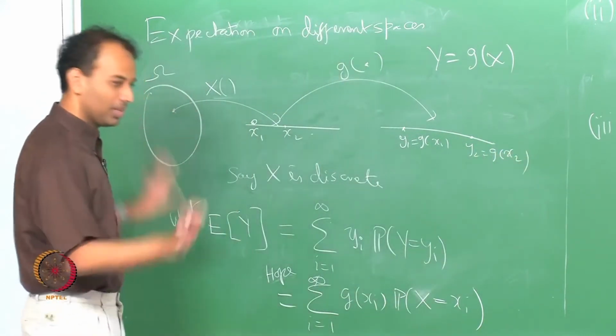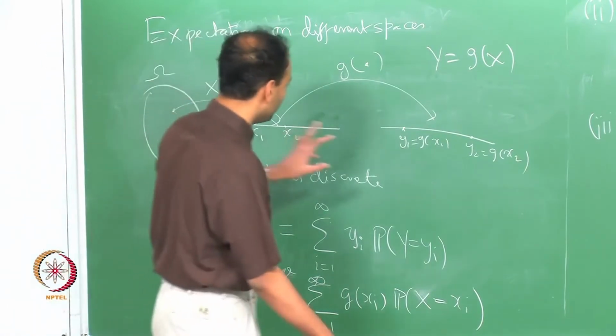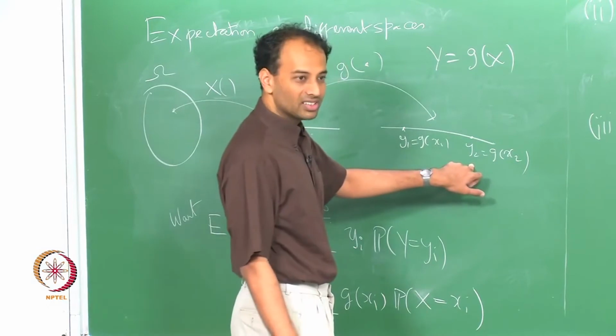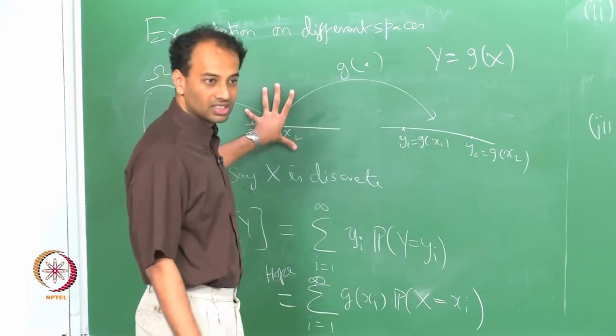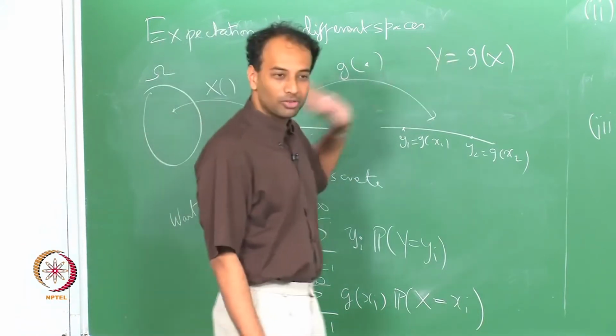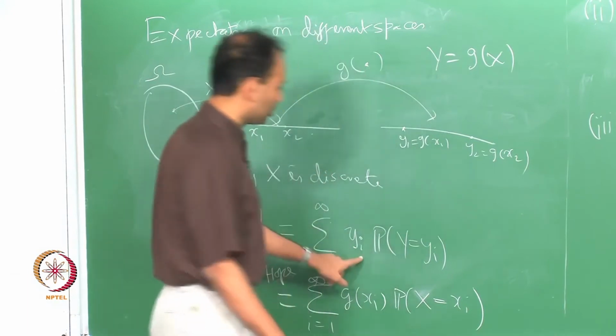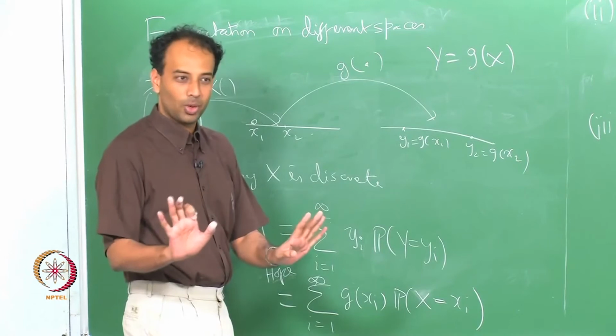This is something you have been doing in your elementary probability. If I tell you that these are the values that my y takes, and if you somehow figured out, let us say I know the PMF of x, you can do your transformation of random variable stuff and figure out the PMF of y, and then you compute this. That is one way of doing it, and that is the expectation of y.